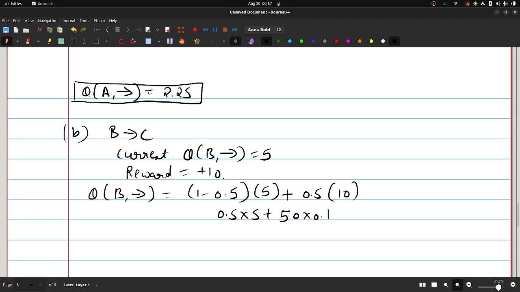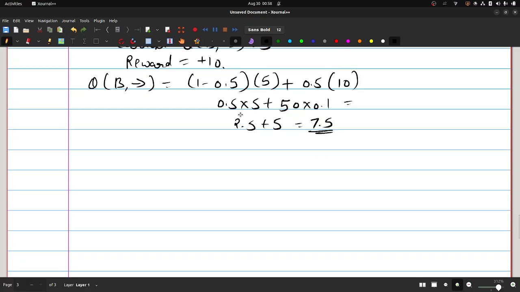So this is 2.5 plus 5, which is equal to 7.5. So the Q value is updated, right?